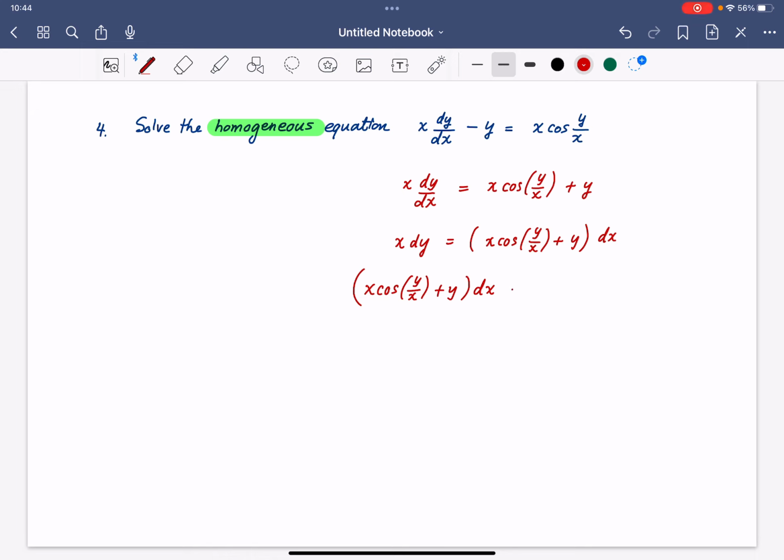This is actually minus x dy, or you can say it is plus negative x dy equal to 0, right? This is what you simplify. Once you simplify it, this is actually your M. This is your M(x,y). And then you simplify it already. This is going to be your N(x,y).